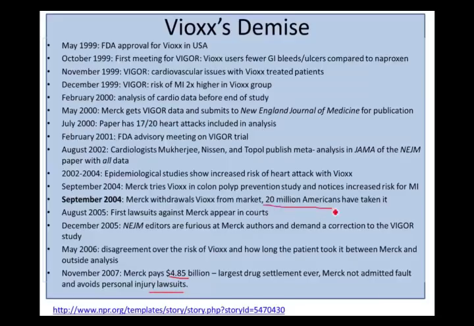Why so? 20 million Americans took this drug, and it had a much enhanced risk of heart attack for patients who were on Vioxx. Okay, so this is probably a good example of what not to do.